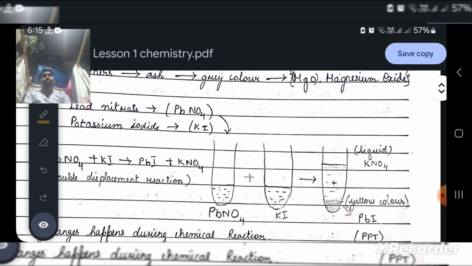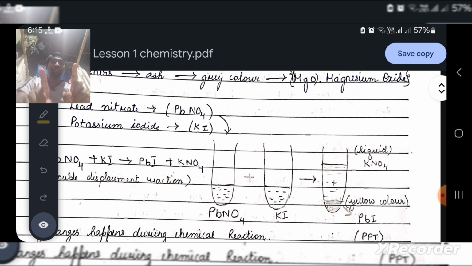After that, the potassium iodide liquid is there. We'll put this potassium iodide also in that test tube C.